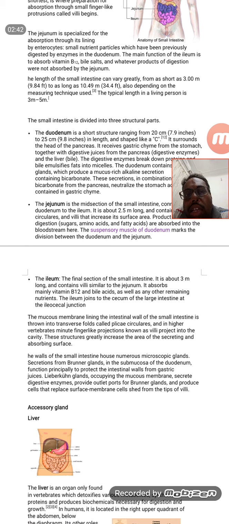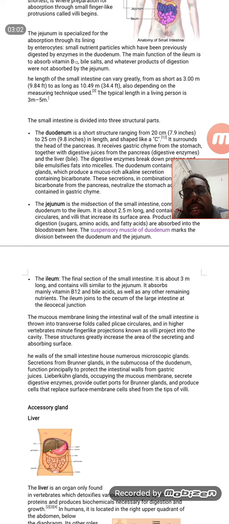When it passes through the duodenum, jejunum and ileum, these acids can destroy the walls of the small intestine.